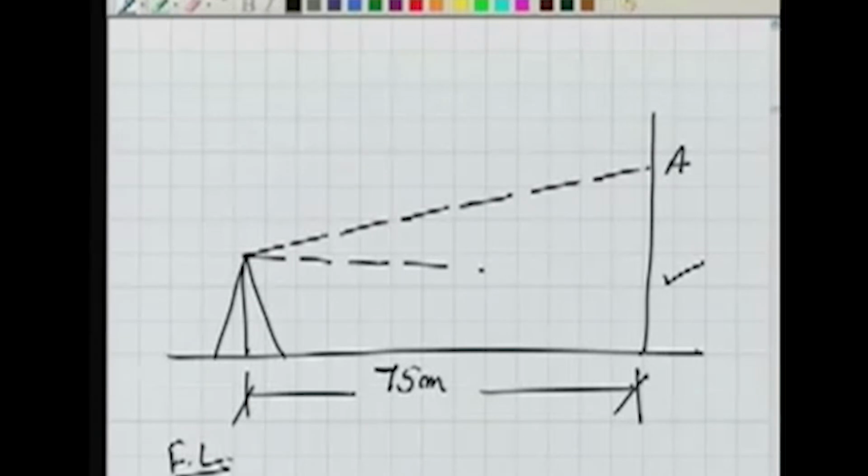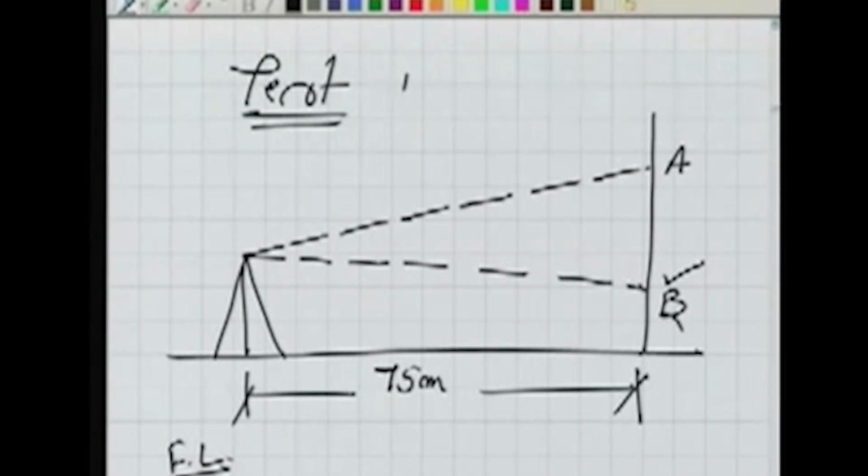So if it goes down, what do we do? We change the face. We set the same angle value here, what we had set previously, let us say 0, 0, 0, and then we take another line of sight and we bisect it on the staff or ranging rod. Well, the test is, if the readings of A and B are the same, if points A and B are the same, there is no error.